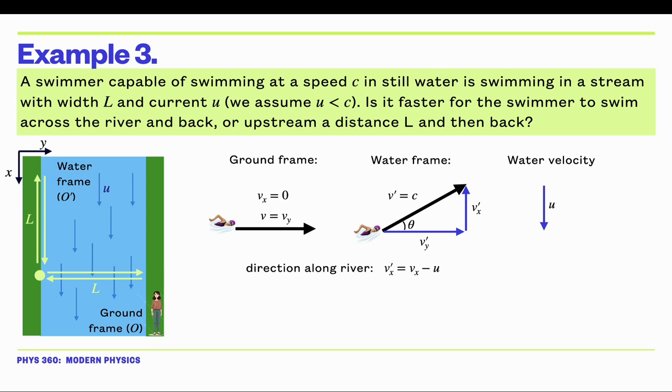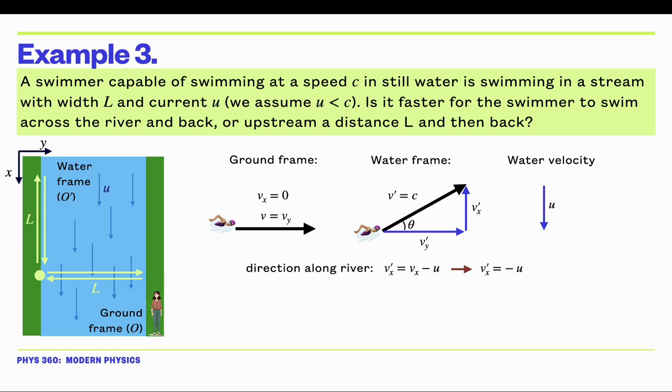So, in other words, if you look at the transformation equations, Vx prime is going to be Vx minus u. We've just said that Vx is equal to 0. That was 0 right there. So Vx prime is just equal to minus u.